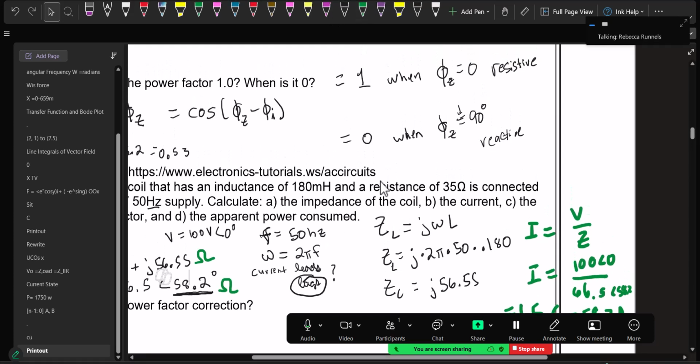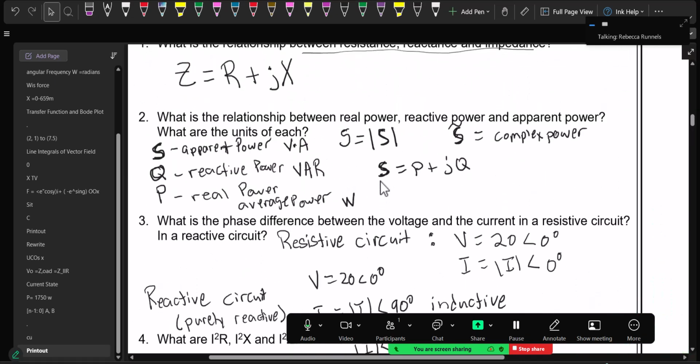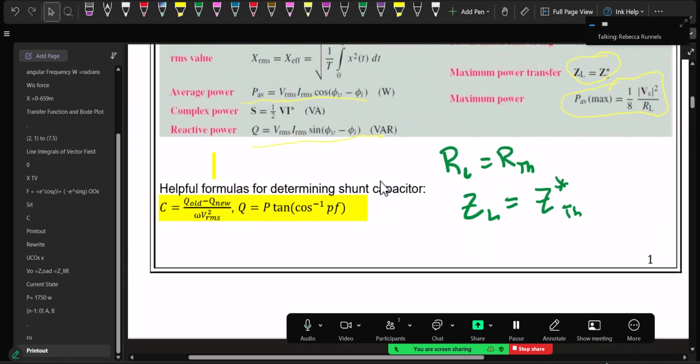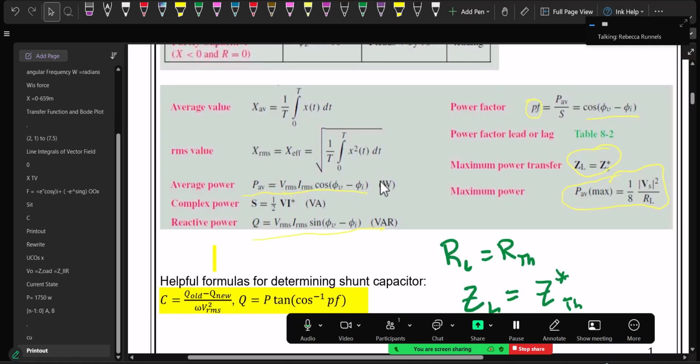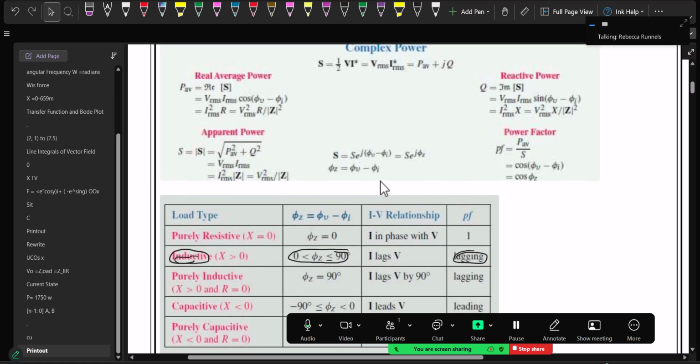And the apparent power consumed, since it says apparent power and not complex power, let's see.